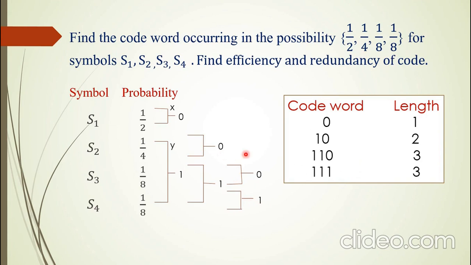So for S1 it is 0, for S2 it is 1 0, for S3 it is 1 1 0, and for S4 it is 1 1 1. And the code word length that I have mentioned here.